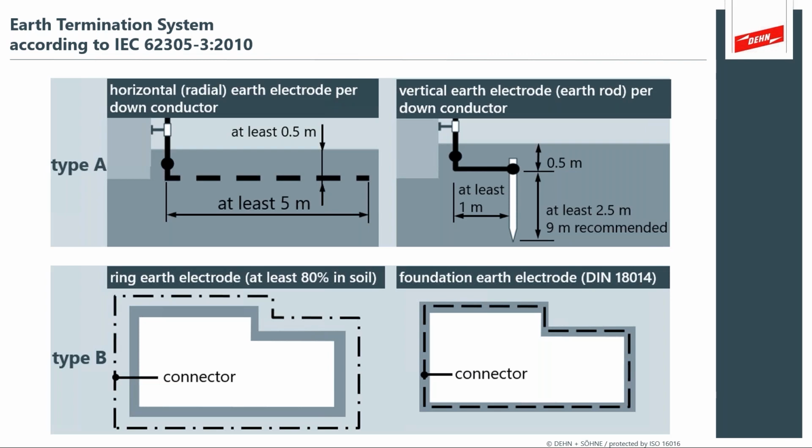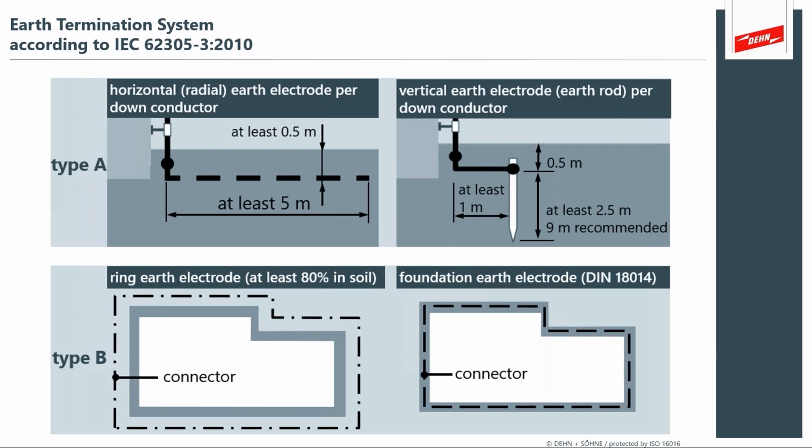When you're out trying to install an earthing rod and you hit bedrock, you can't sink a 9 meter or a 2.5 or a 4 meter earthing rod into bedrock. So now you're faced with achieving the same electrical contact to the soil by going out with horizontal radials. And that's an important aspect. And we'll see some more information on this.